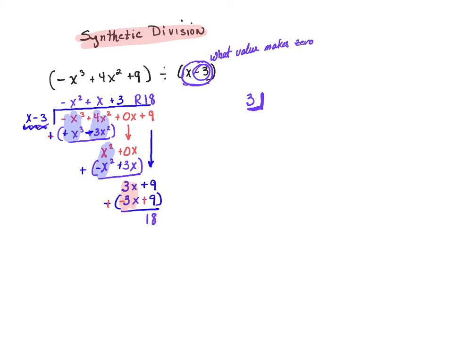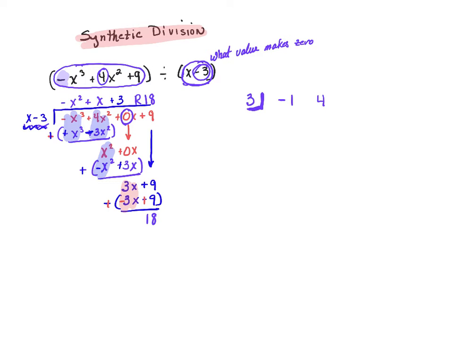Next, what you want to do is make a listing of all the coefficients of what you're dividing into. The first number, the number in front of x cubed, is a negative 1 right here. So you're going to put a negative 1 right there. The next coefficient is a 4. There was no x term.